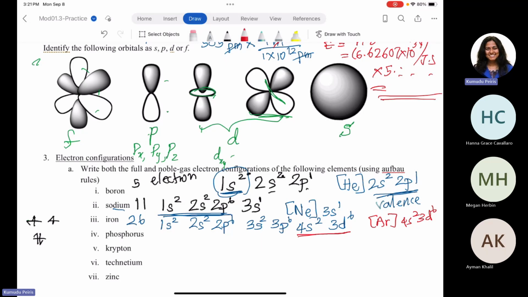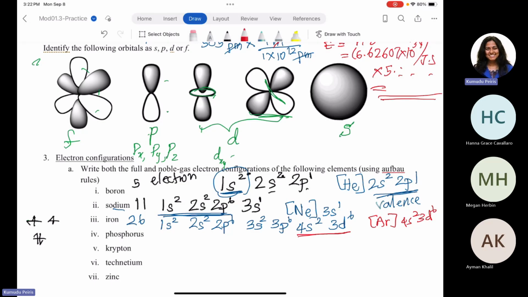As an example, look at these valence shell electron configurations. That's why this question gives you a hint: write the noble gas configuration. Then you'll play with only the valence shell electron configuration. Atoms always tend to have the more stable electron configuration.